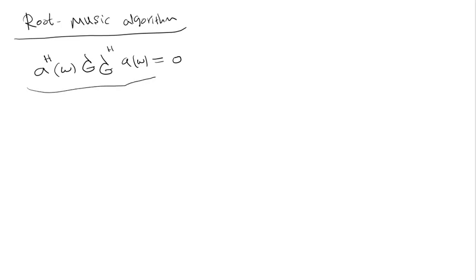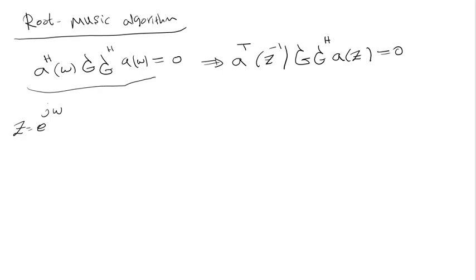And again, if I put z equals e to the j omega, I can write this as A transpose(z to the minus 1) G G Hermitian A(z) equals 0.